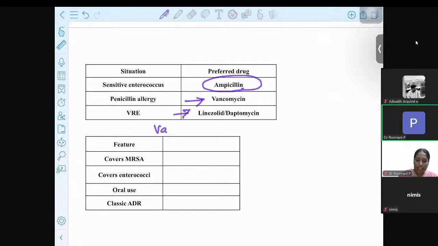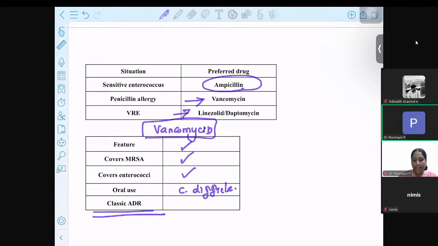This vancomycin drug has other advantages also. It covers MRSA also. It covers enterococci. And orally, vancomycin is used for Clostridium difficile infection, which we already saw. And the classic ADR with vancomycin is Redman syndrome.